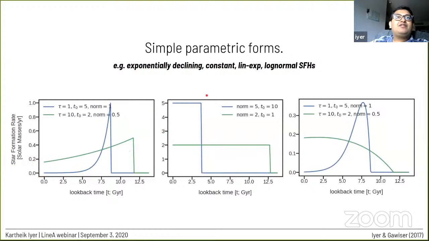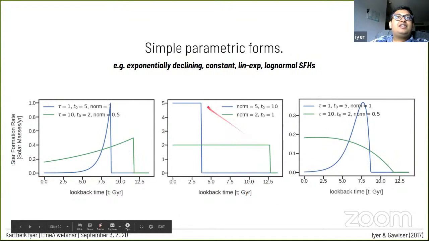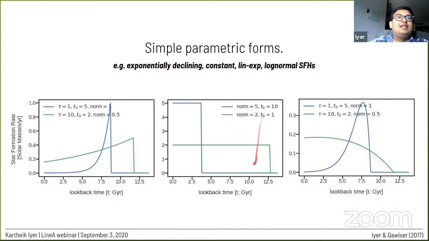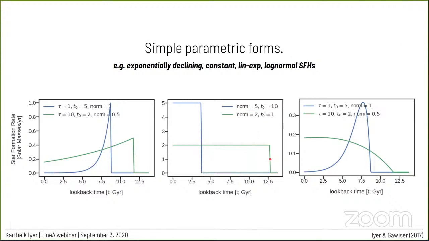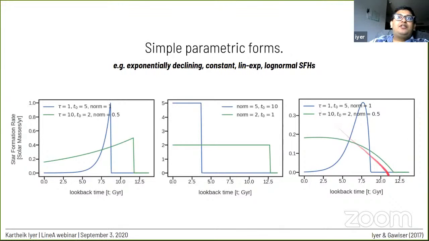So that's a parametric form. For a constant star formation history, you only need two numbers, the overall normalization and the time at which star formation started. And for something like the delayed tau or linear rise followed by exponential decline model, you need three numbers, which tells you the time at which star formation started, the rate at which the exponential decline happens, and the overall normalization of the curve.